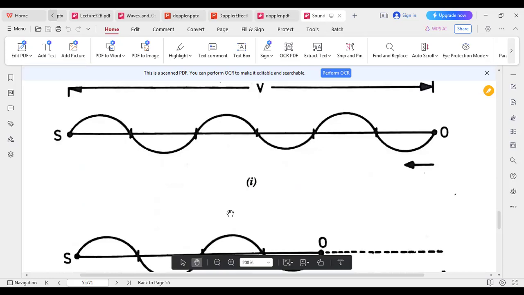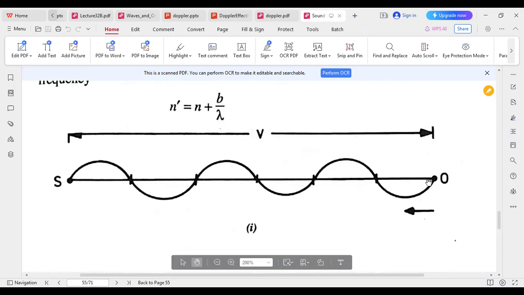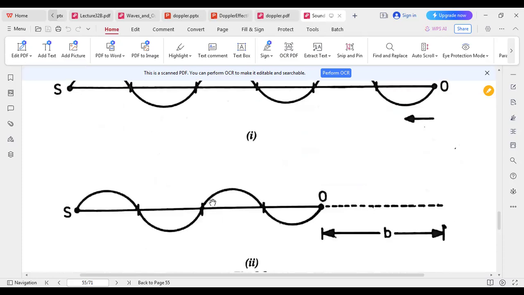Okay, so this is the source and this is the observer, and their distance will be b at time 1 second. But after moving, if the observer moves away from the source, then the distance will be shorter.